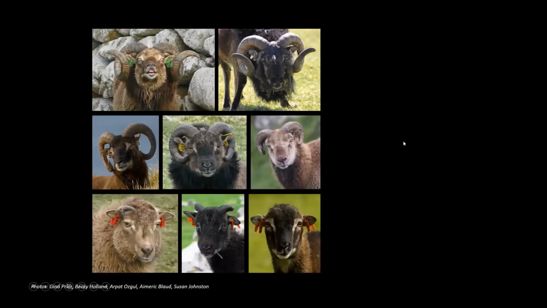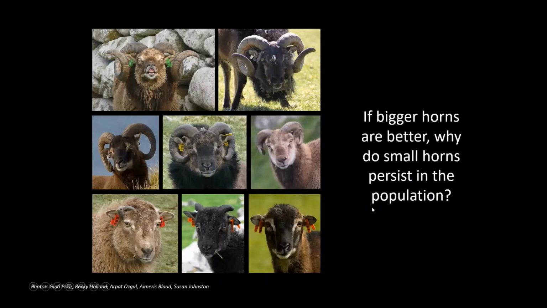Then even more interestingly, we have some males that don't develop any horns at all. These two males here have what's known as scurs. The bony core of the horn hasn't developed at all, we only have the outer keratin sheath, so these are really fragile stumps on the head. And occasionally we even have males that don't develop any horns whatsoever. So the big question is, if bigger horns are better, then why do these small horns persist within the population?